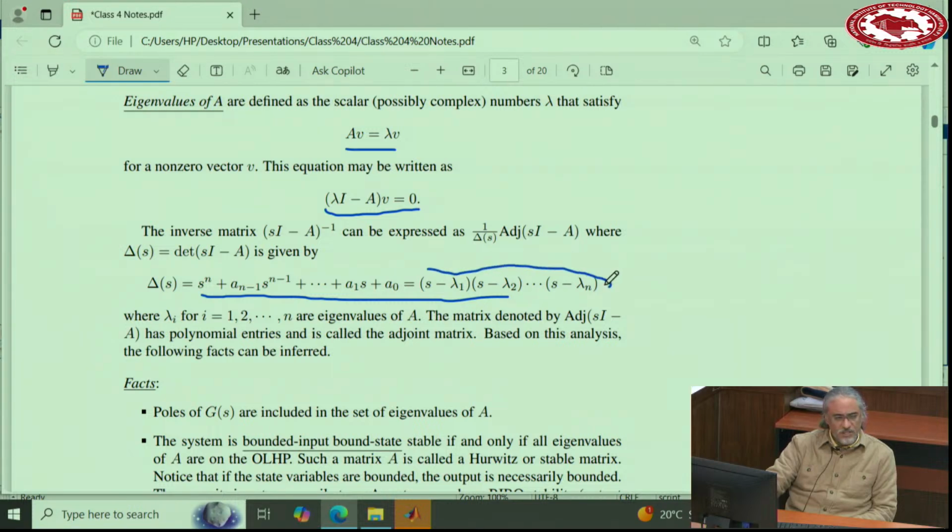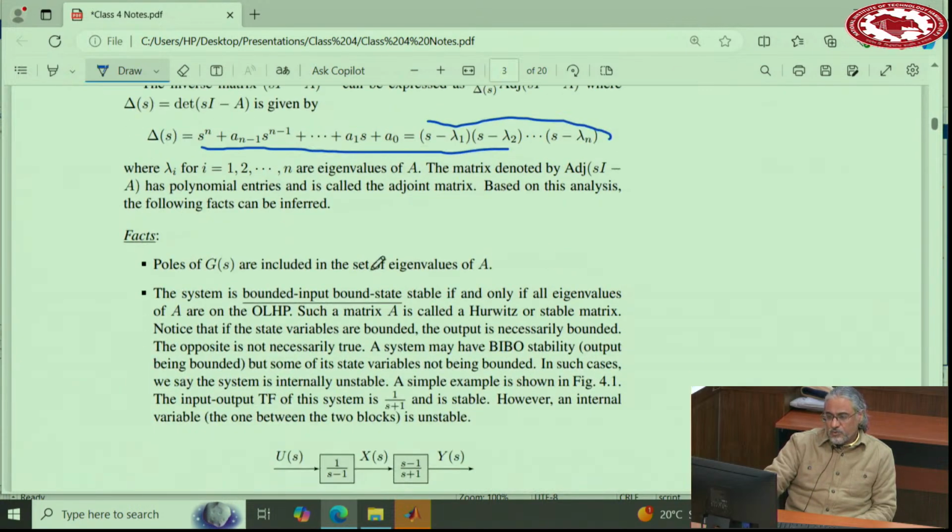In other words, the eigenvalues of matrix A play the same role as poles. So the poles of G are included in the set of eigenvalues of A. Now, in some occasional cases, the eigenvalues are an even larger set than the poles. In other words, you may have an eigenvalue that does not appear as a pole.